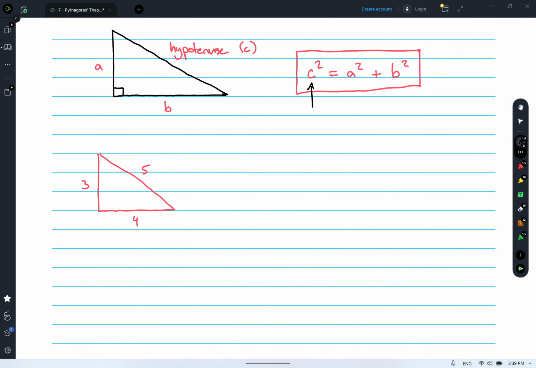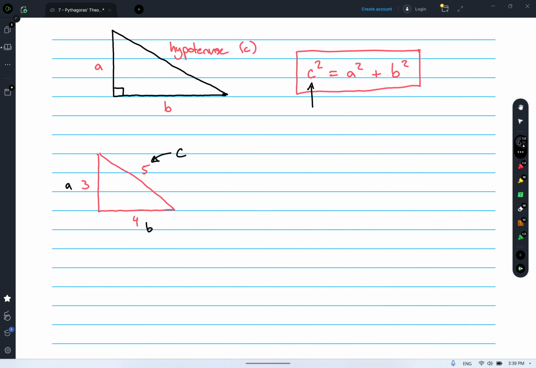First of all, we need to determine which one is our hypotenuse. We can see quite clearly that 5 is the longest side, so that is going to be our hypotenuse, which we'll label C, and that means the other lengths we're going to call A and B. So again, as I've said, it doesn't matter which one is A and B, as long as C is the longest side, which is the hypotenuse.